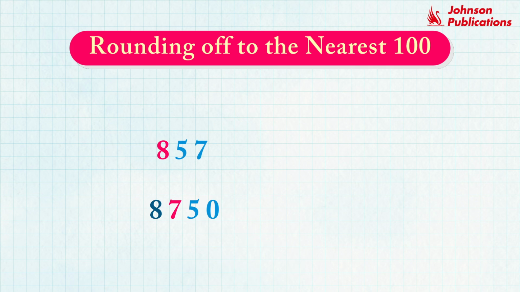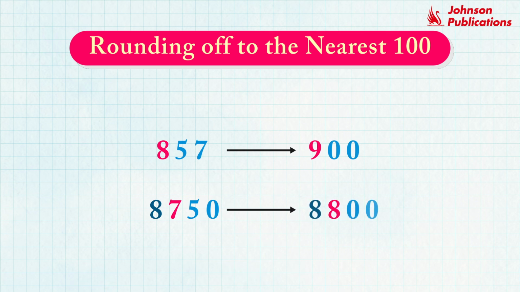When 857 is rounded off to the nearest 100, it gives 900. Similarly, when 8750 is rounded off to the nearest 100, it gives 8800. If the digit at tens place is 5 or more, then we replace the tens and ones place digits by 0 and add 1 to the hundreds place digit.